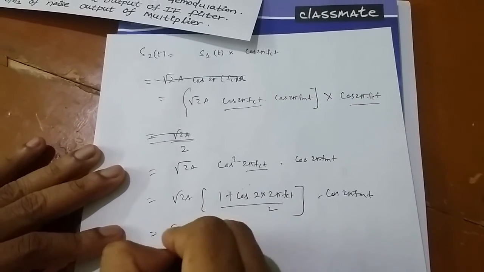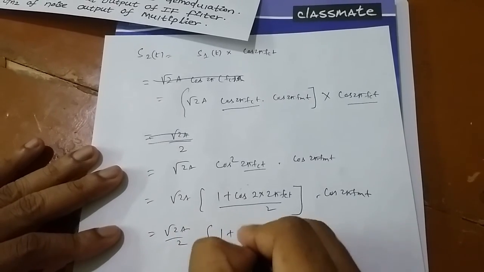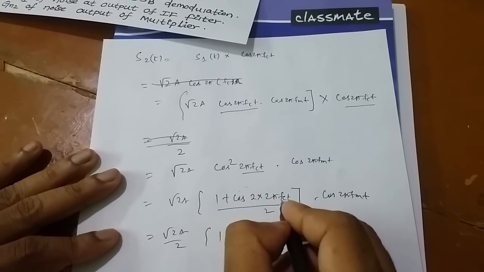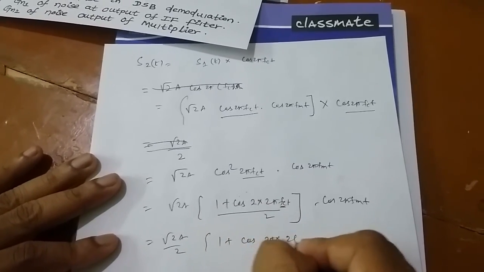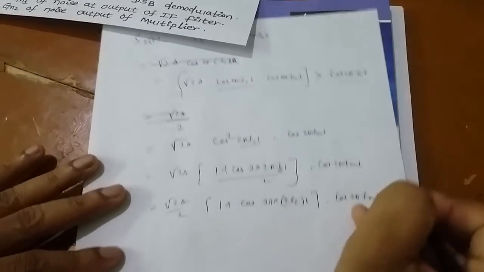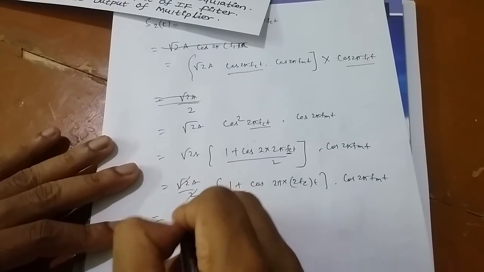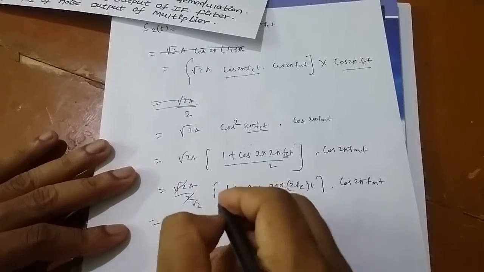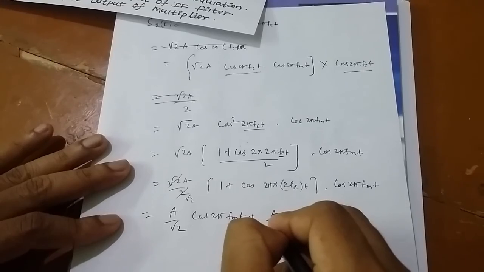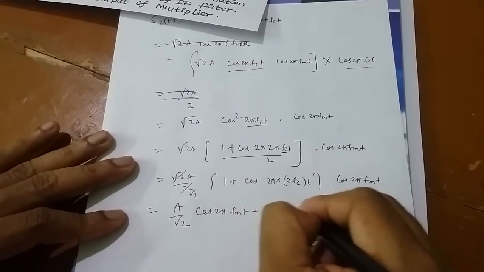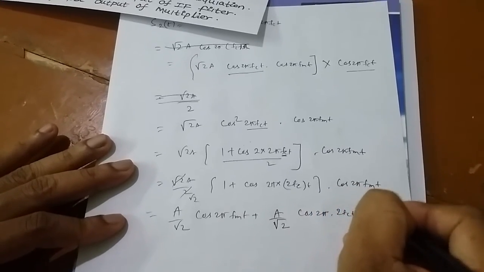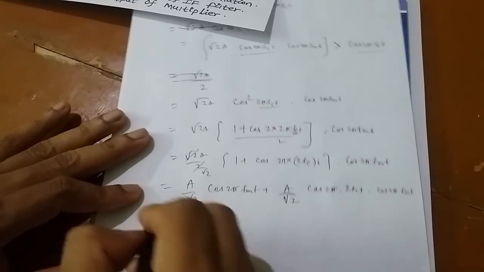Now this root 2a by 2, 1 plus cos, you can write this 2 pi, this 2 you can multiply with this fc, so 2 pi into 2 fct into cos 2 pi fmt. Now this becomes a by root 2 into cos 2 pi fmt plus a by root 2 into cos 2 pi 2 fct into cos 2 pi fmt.